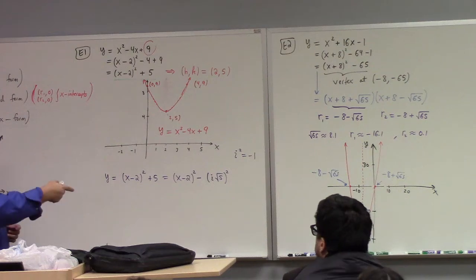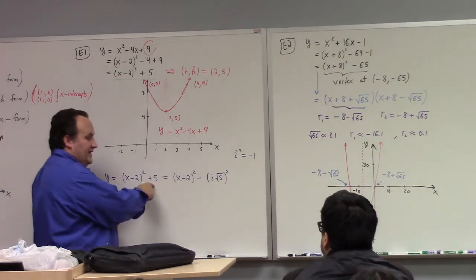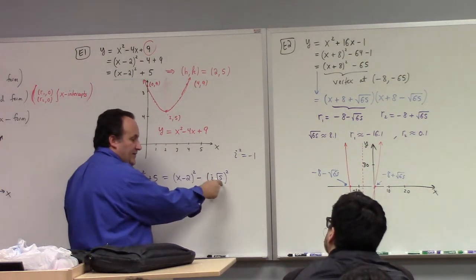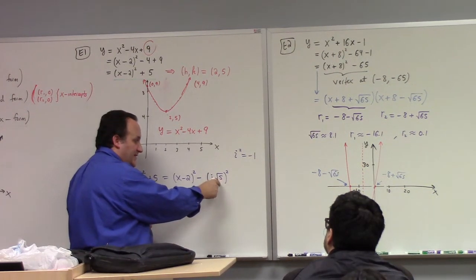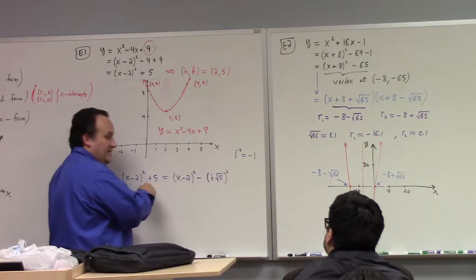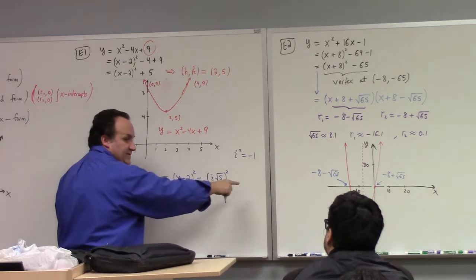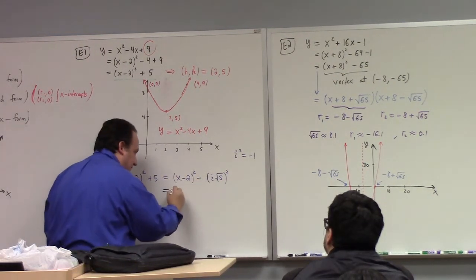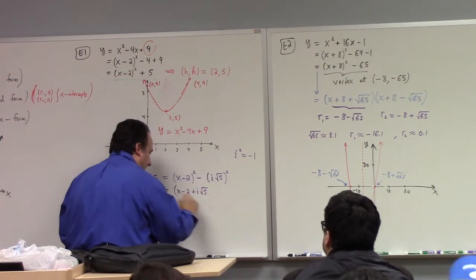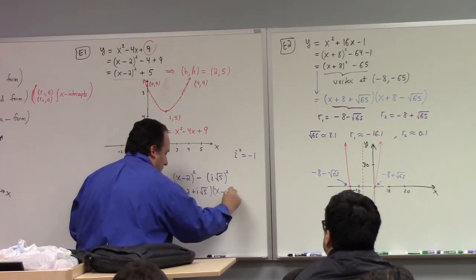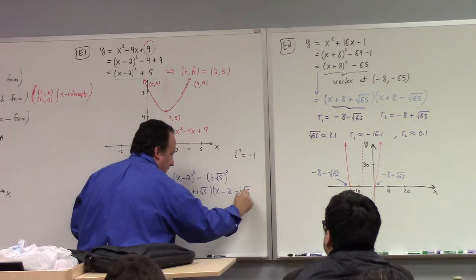So I times the square root of 5 squared: square this, you get minus 1 times the square root of 5 squared, which is 5. You get minus 5. Minus and minus 5 is plus 5. We're back there, right? This is difference of squares, so I can factor it. X minus 2 plus I root 5, x minus 2 minus I root 5.